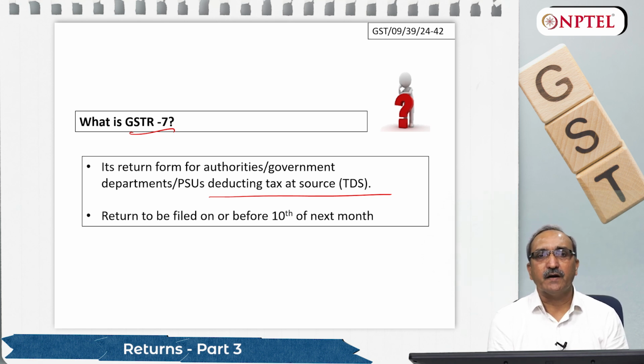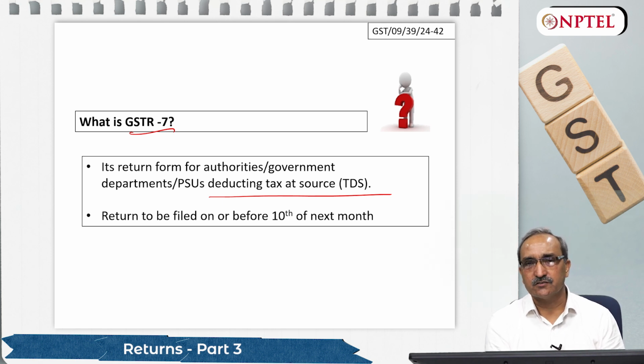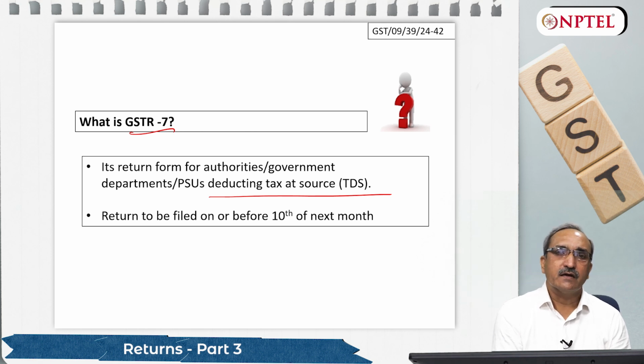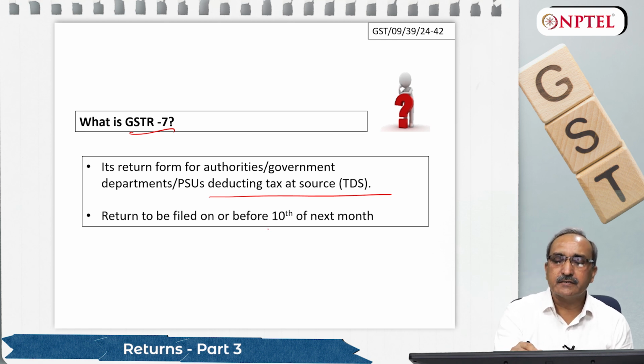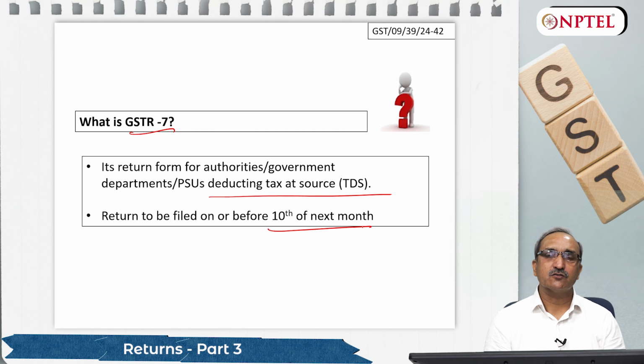So unless these parties, those who have deducted TDS or TCS, file their monthly returns, the amount deducted by these parties will not appear at the GST portal in the cash ledger of the suppliers. So it is mandatory for them to file their return by 10th of next month so that it appears to the suppliers in their statement at the appropriate time.